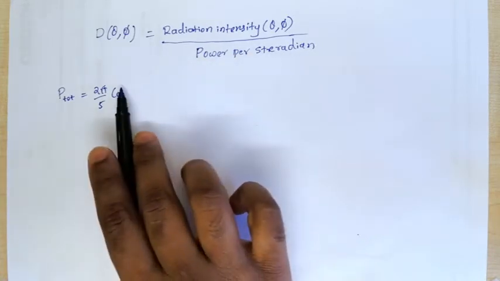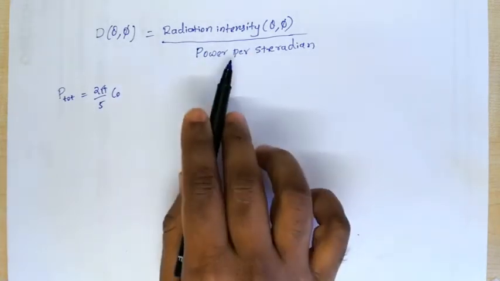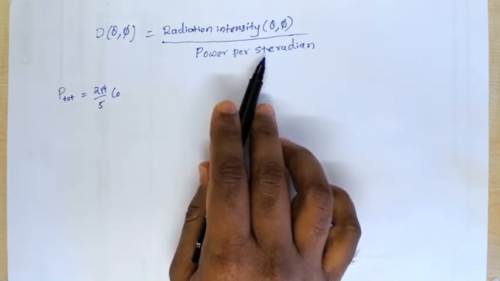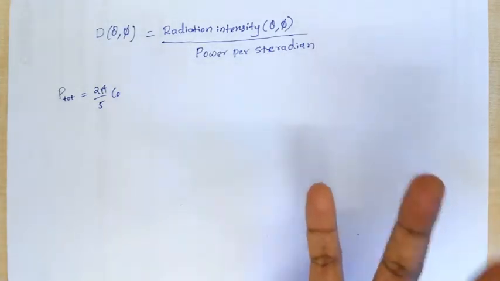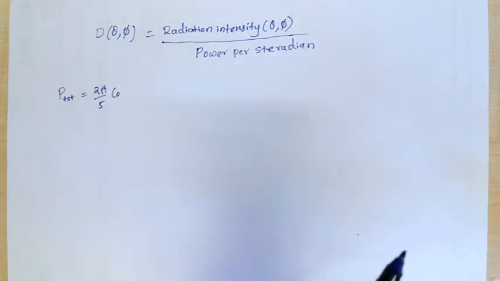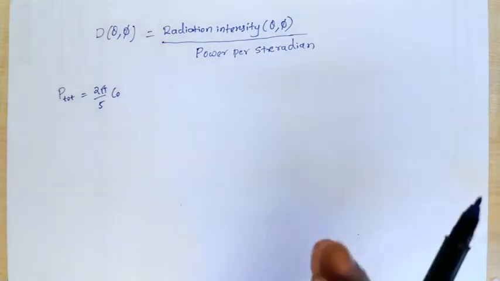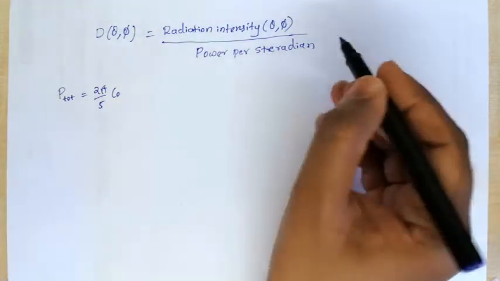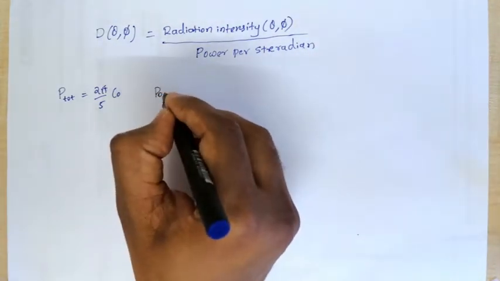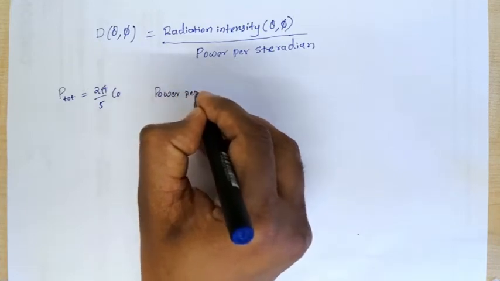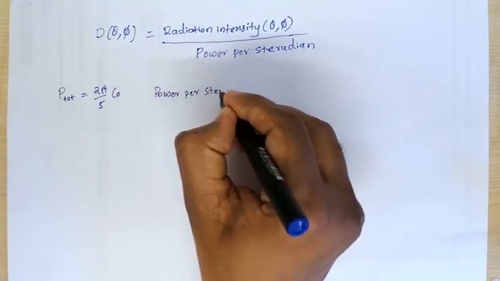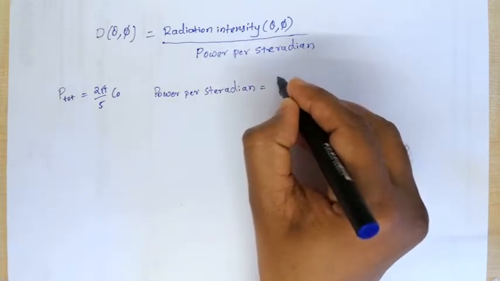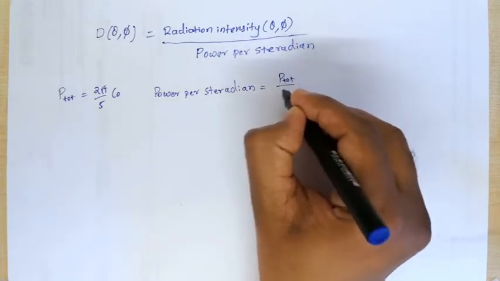For an omnidirectional antenna, that is a sphere, the total solid angle that a point extends over a sphere is 4 pi. So the power per steradian in this case is P total by 4 pi.